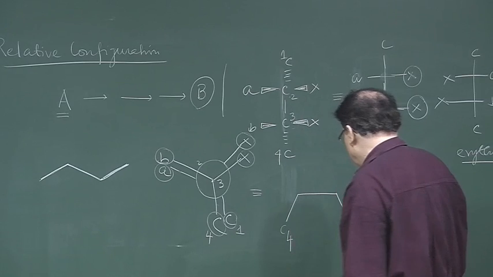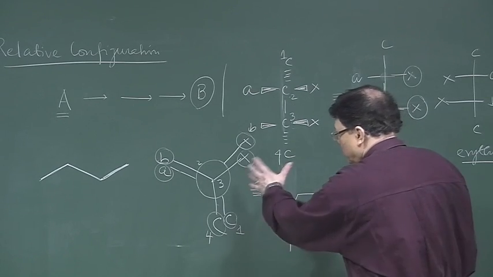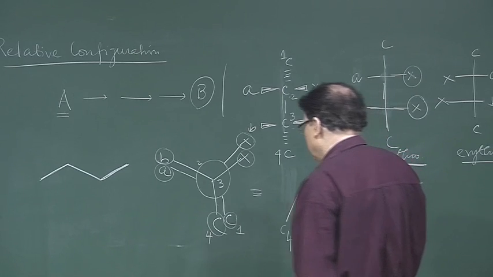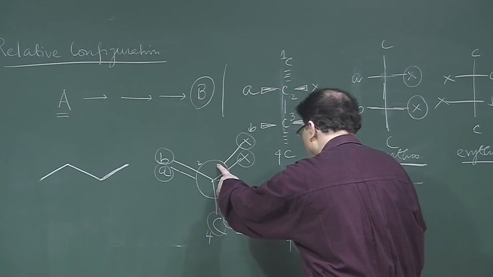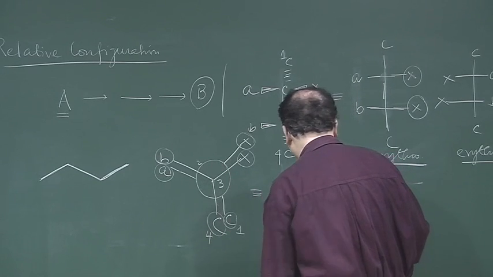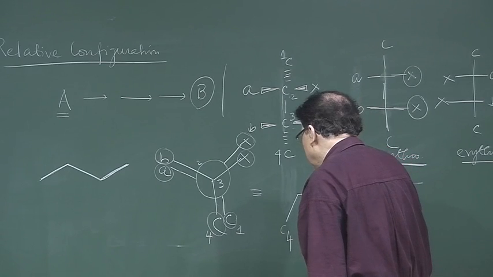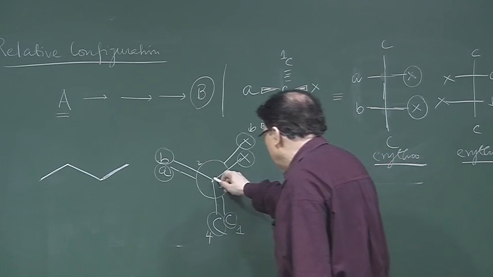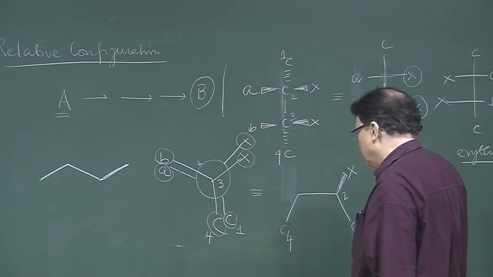So, now this X will be beta, towards me, and we talk about the back carbon C2. So, this X will be towards me and the A. So, we are not talking about hydrogen here, this is 1, that is 2.